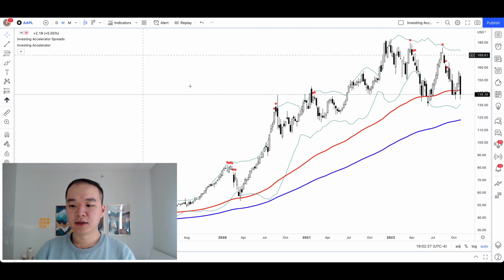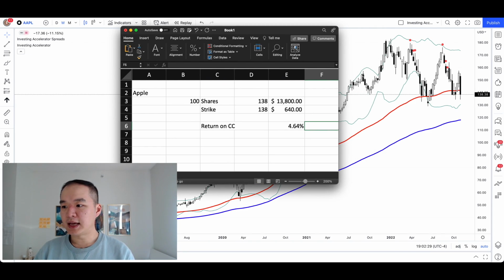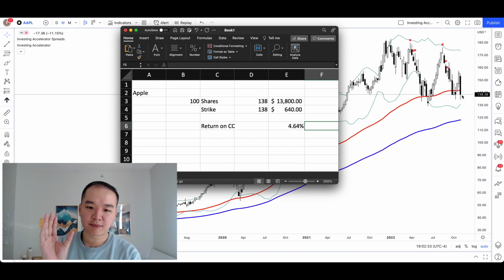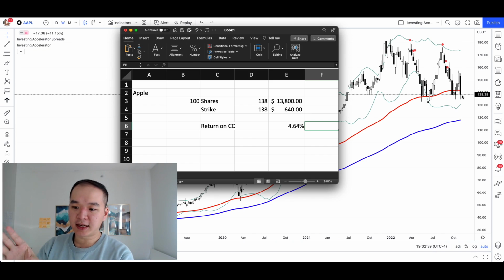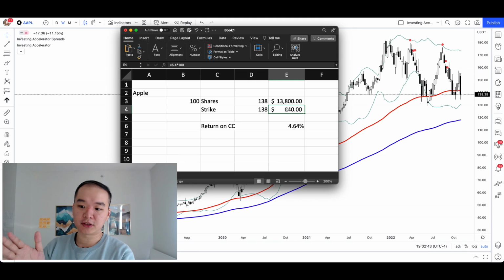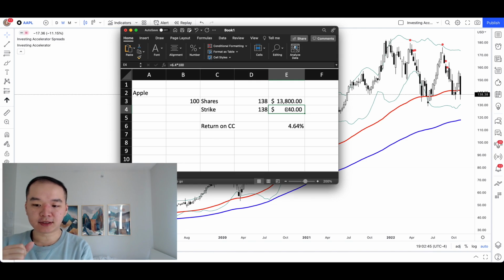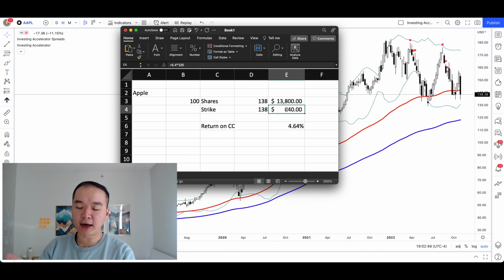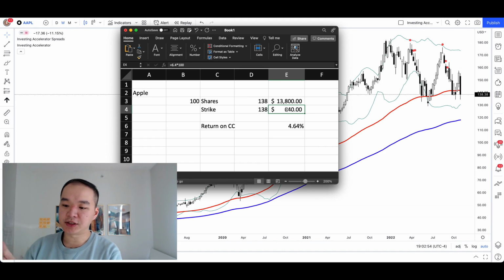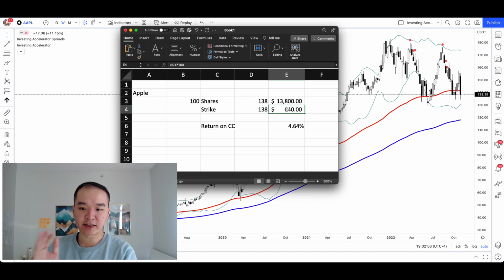So that means as of this point, if Apple stays above $138 in the next 30 something days, then you would make $640, which is 4.6% in 30 days. That is actually quite an attractive return, and that is one of the strategies for monthly passive income within Investing Accelerator.